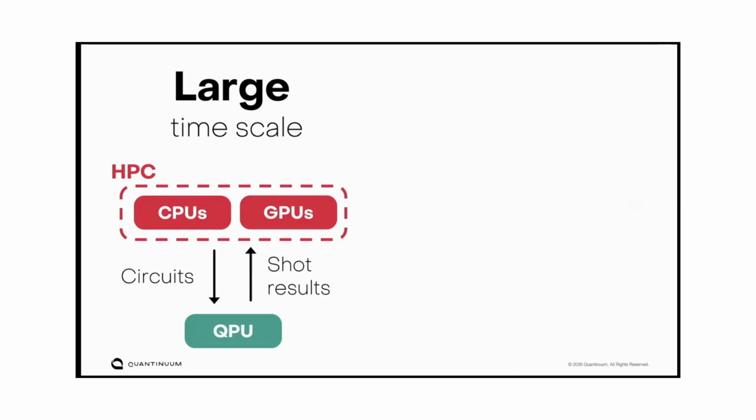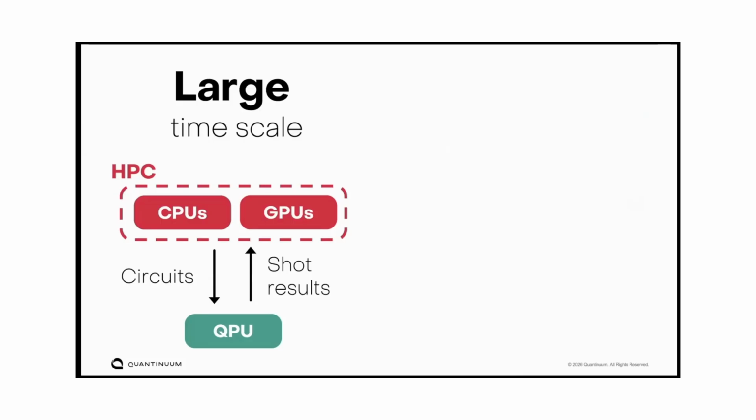Maybe you need to talk over the internet to talk to this QPU, for example. Or maybe you're in a queue and need to wait a week until this is run. Well, it's all fine because the level at which we're talking here is just a whole circuit sent over, and then a short result comes back and you decide to do something. And that's one way to do quantum classical.